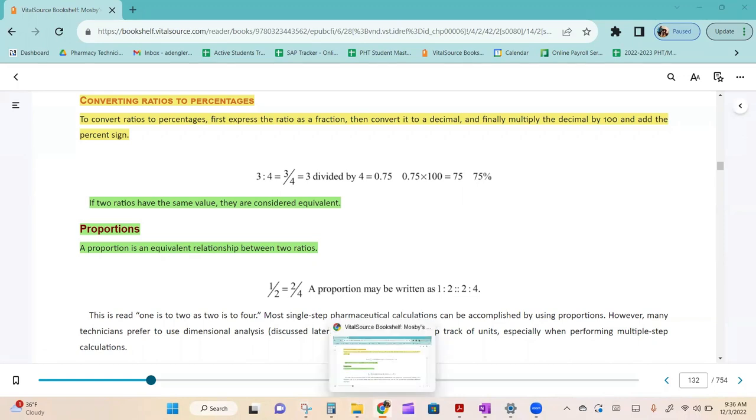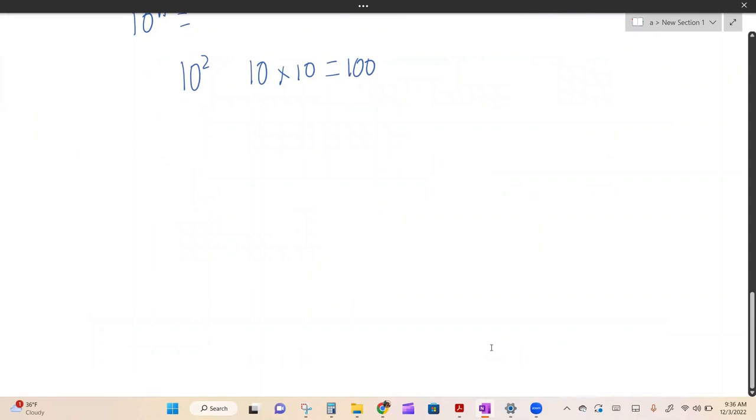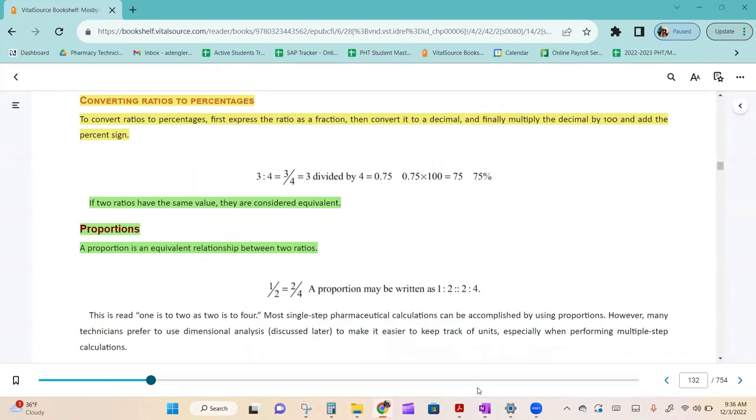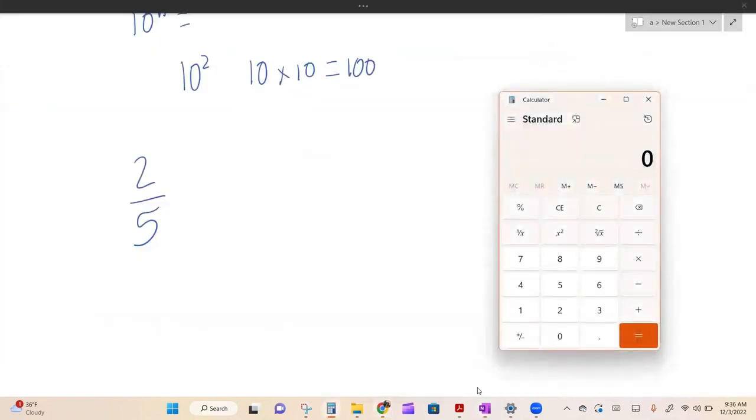So let's do another one. Let's do 2 over 5. So first we need to turn that into a decimal. So remember for decimals, we're going to do the top number divided by the bottom number.